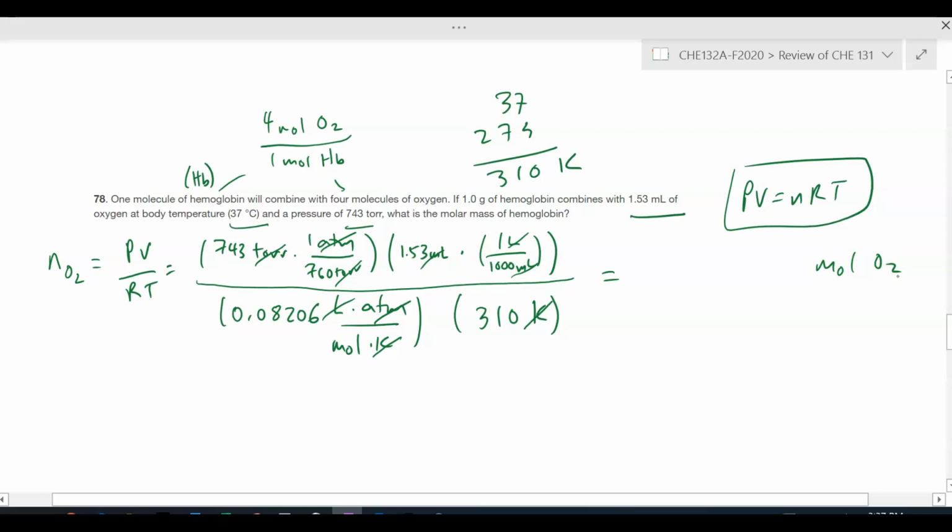So 743 divided by 760 times parentheses 1.53 divided by 1,000, divided by parentheses 0.08206 times 310 close parentheses. That is 33.96 moles of oxygen, which seems like an awful lot.